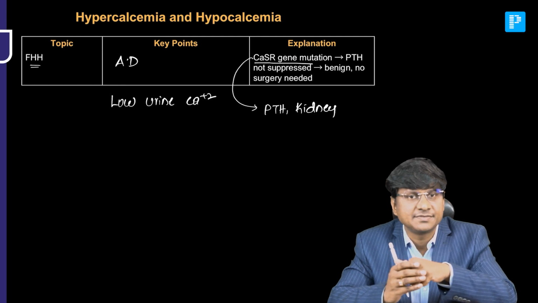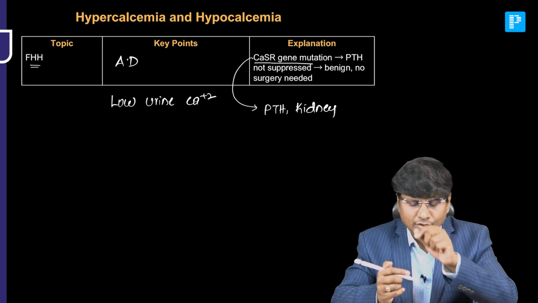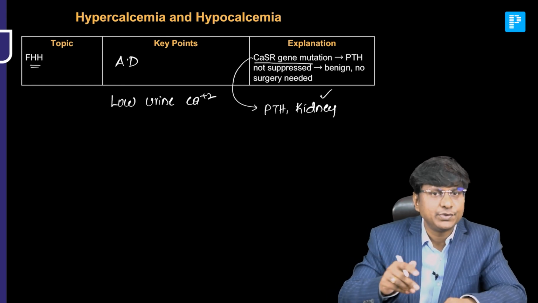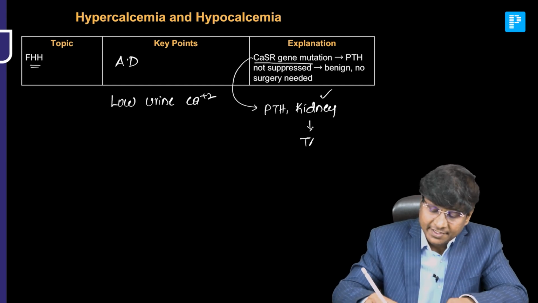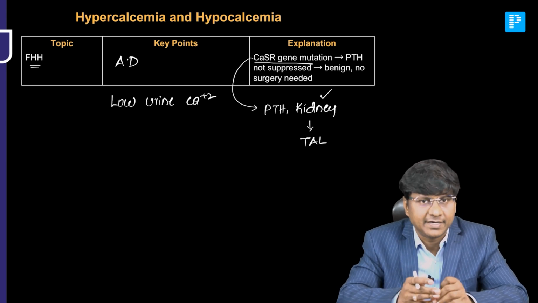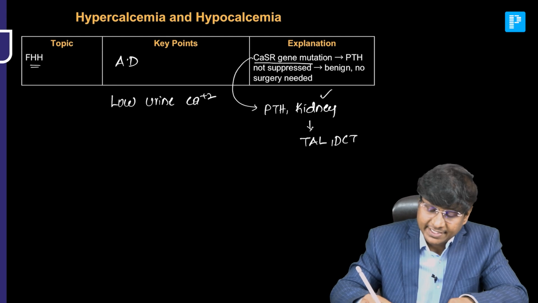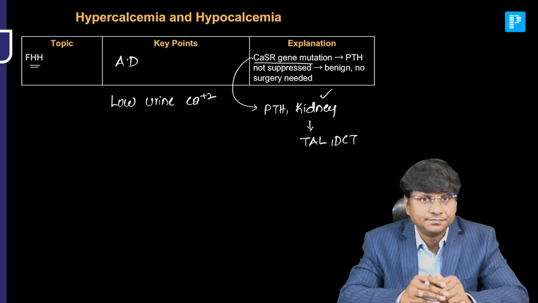That is what the calcium sensing receptors do. Not only that, even in the kidney, you have the calcium sensing receptors. Where do you have them in the kidney? You have them in the thick ascending limb of the loop of Henle, and you also have them in the distal convoluted tubule.